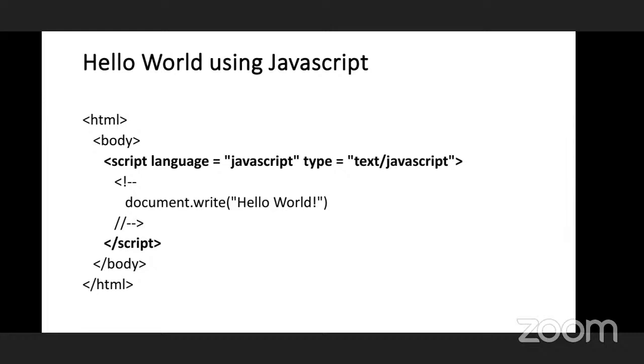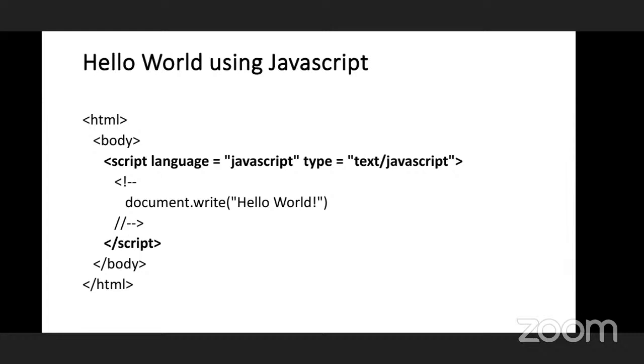Here the important point, which is highlighted in bold, is script, space, language equal to, within double quotes JavaScript, space. Each and everything is very important. Type equal to, within double quotes, text slash JavaScript. This line indicates that we are writing JavaScript within this HTML code.